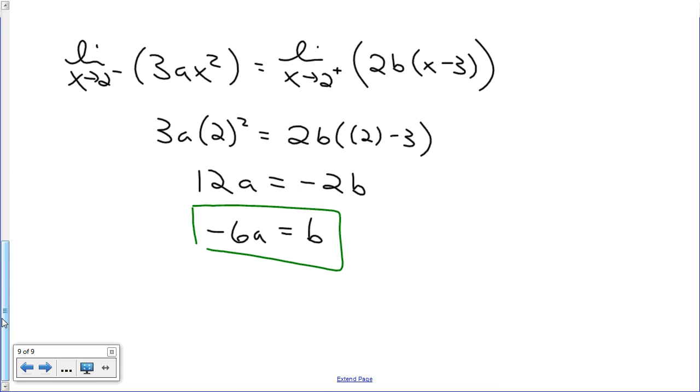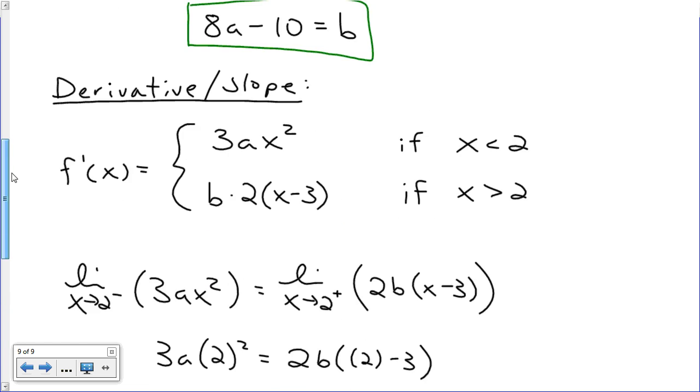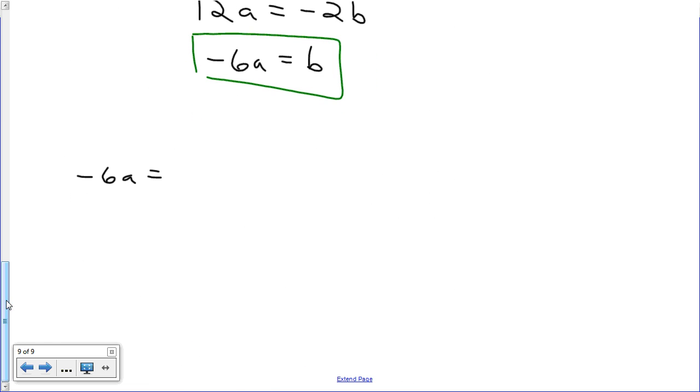So I'm just going to use substitution to solve this thing. So I'm just going to substitute in for b. Negative 6a is equal to b, which b up above we said is also equal to 8a minus 10. That's our substitution. You can also use elimination. Technically, you can also use matrices on these to solve. It's up to you on what method you want to use. But let's solve this thing for a.